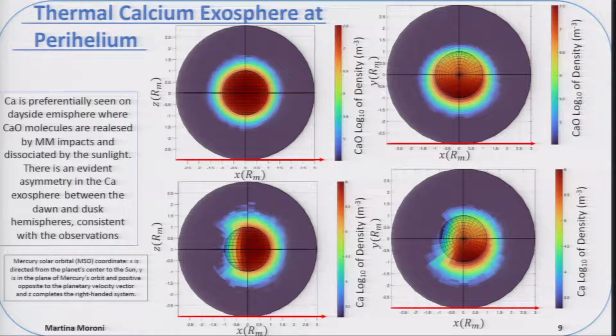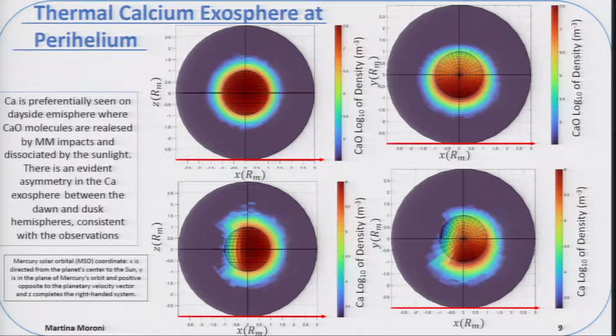The first is the view of the dayside, and the right figure is the view of the north pole of the planet. In this case, we confirm the enhancement of the exosphere on the dayside.